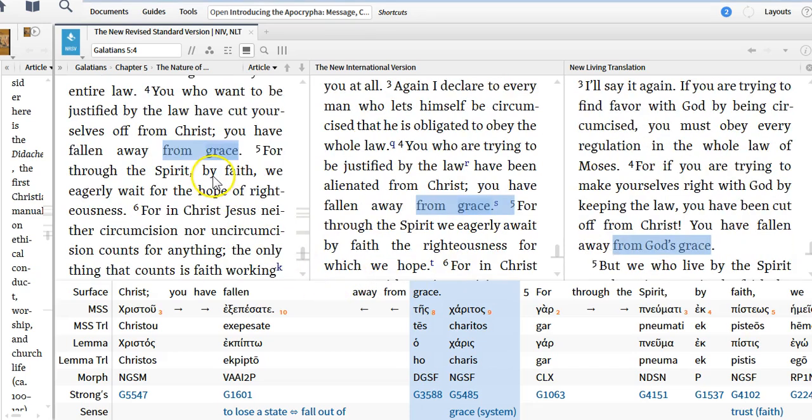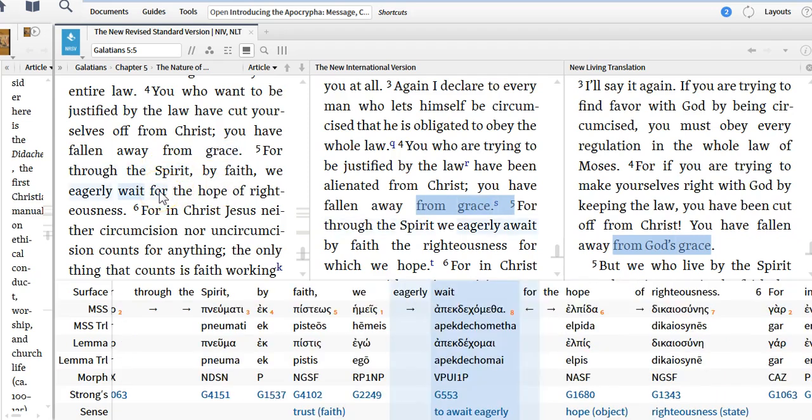Then I ask you to look at the words spirit and hope and righteousness in verse 5. Let's just go ahead a little bit here so we can see everything. Spirit in Greek, pneumati, is a noun here in the dative case. Again, notice that there is no Greek equivalent for through the in terms of separate words.